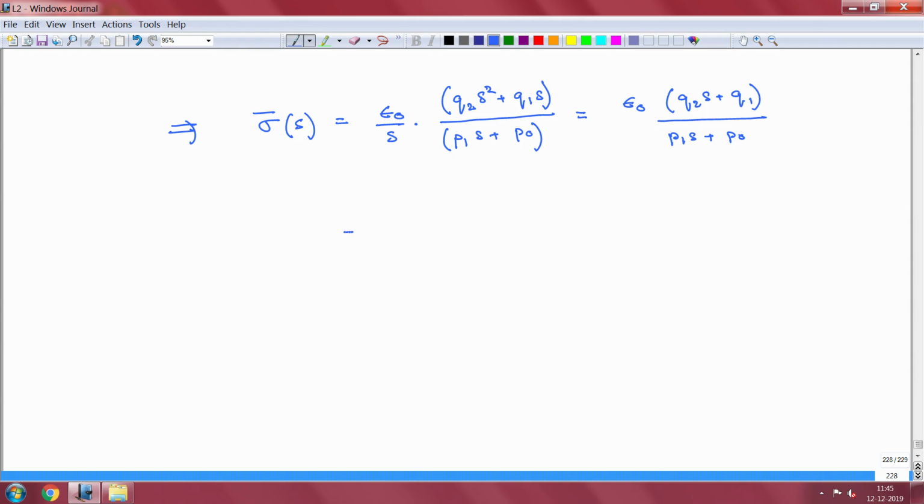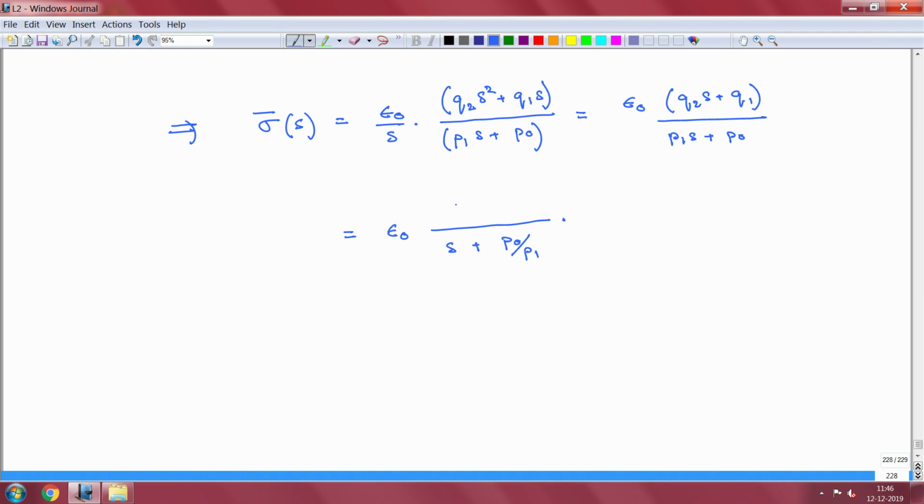I am a bit out of space there, so I am just going to write it over here. I am going to simplify the expression a little bit. I divide the denominator by P 1, and I end up with s plus P naught by P 1.